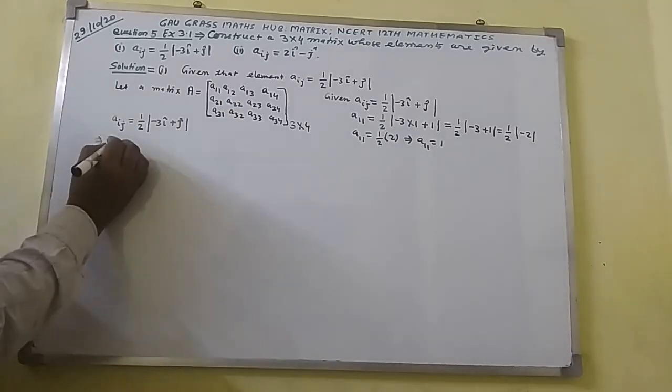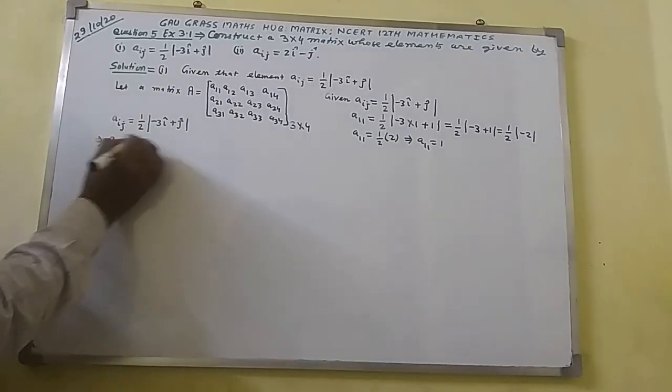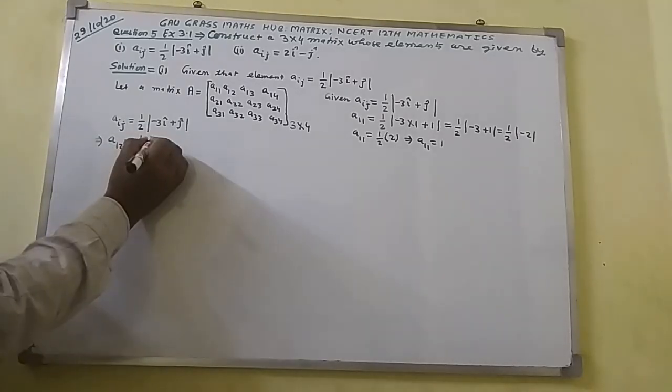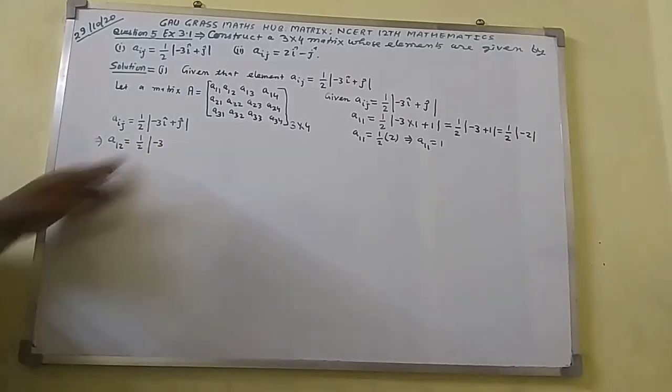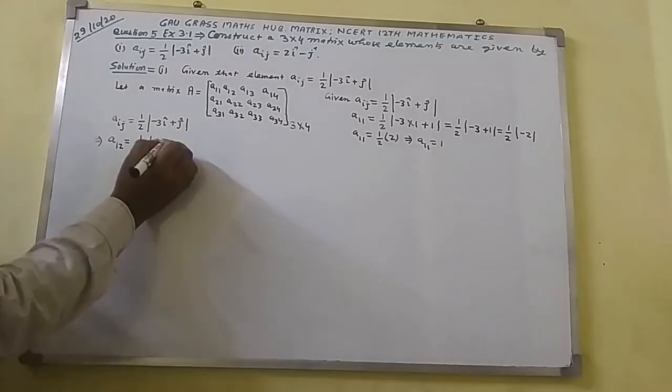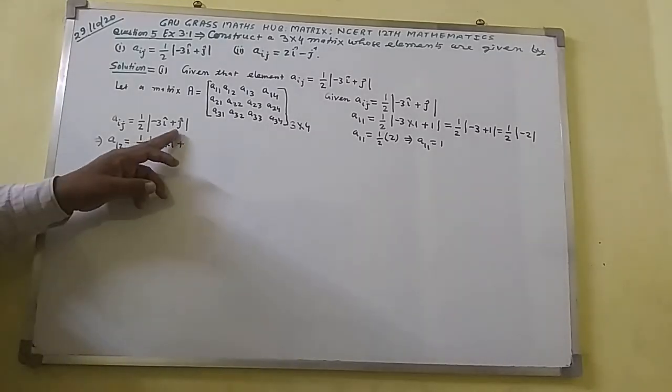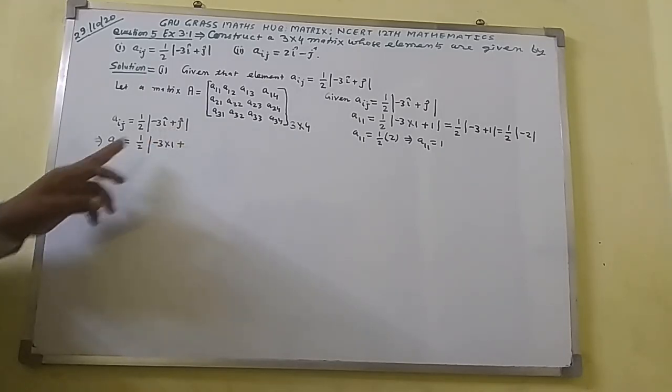Now come to the next element, A12. A12 I shall write equal to 1/2 mod minus 3, in place of i I shall write 1, plus in place of j I shall write 2.